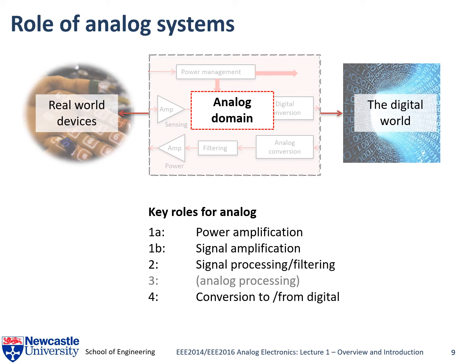And then often we come back the other way, bringing information back into the analog world through an analog conversion and then amplification and back into our real world object. So this analog system, the analog domain, typically contains these very important functions, and we're going to be looking at all of those as we go through the module and understanding how to build a technology that can deliver what we want in that analog domain.